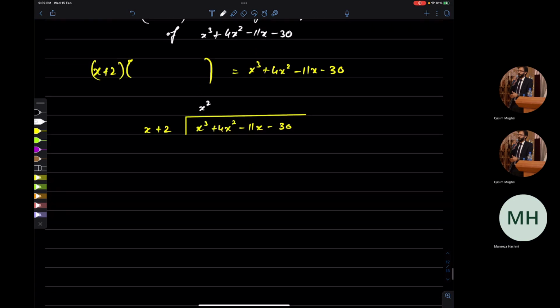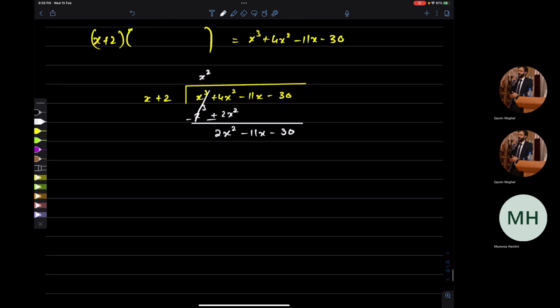x squared times x plus 2 is going to give you x cubed plus 2x squared. Change the signs. You get 2x squared. Pull down the rest of the terms as they are. Now x times x plus 2 is going to give you x squared plus 2x, and then 4x.